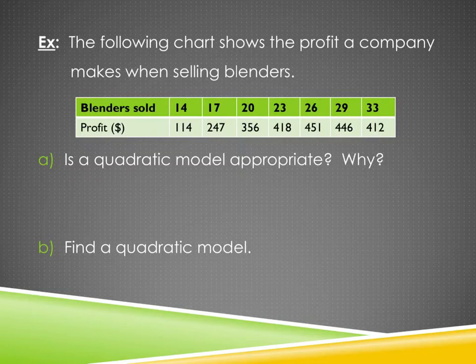And again, this is kind of like the one that Savon was asking us about at the beginning in terms of do we change any data points, and we won't in L1 or L2. We never do in L2 anyway. But in L1, we won't change anything because we're not dealing with any dates and we're not told that we have to change anything. So we will list them exactly like they are. So I have 14, 17, 20, 23, 26, 29, 33.